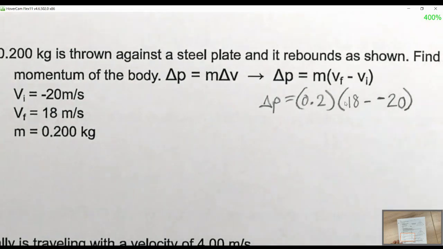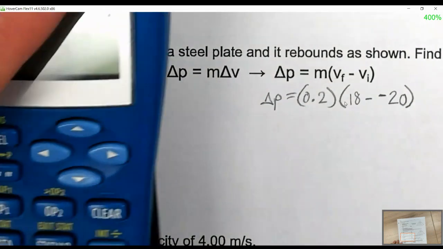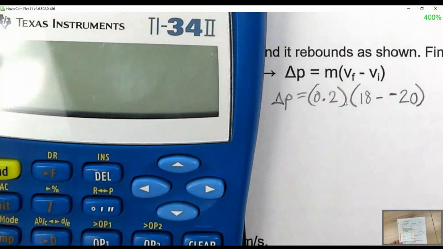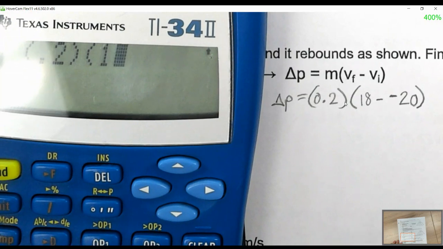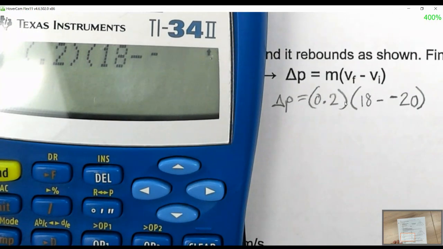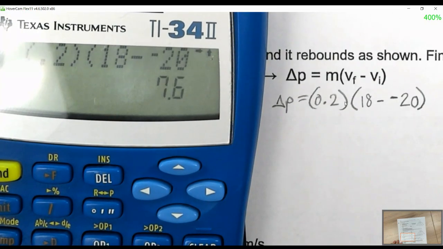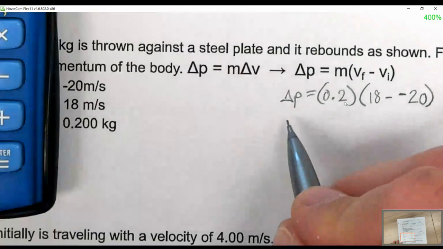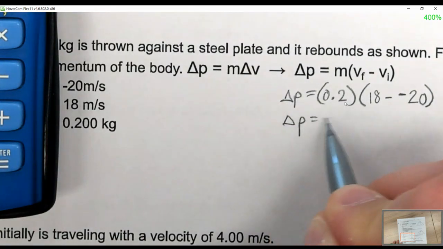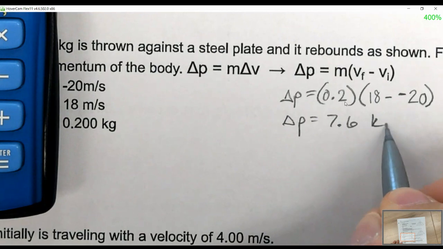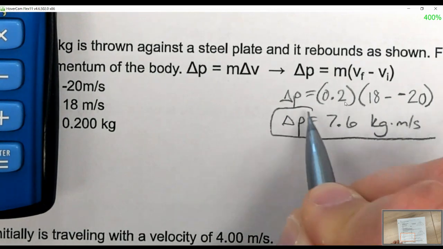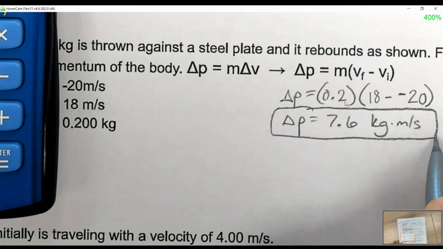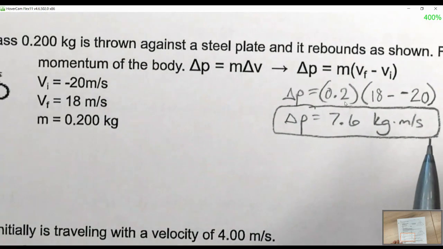And throw it into your calculator just as such. 0.2 times 18 minus a negative 20, and it kicks out a value here of 7.6 kilogram meters per second. That is how much change in momentum that we had.